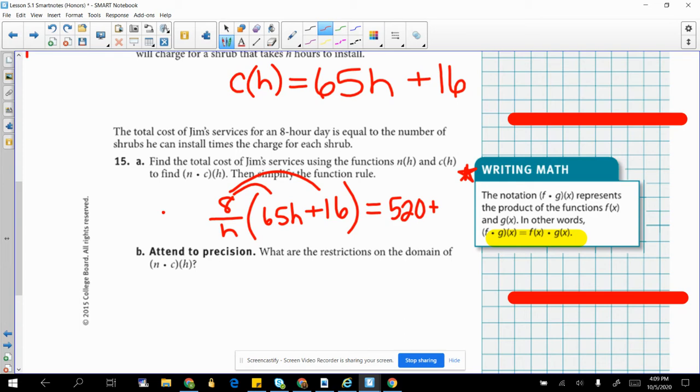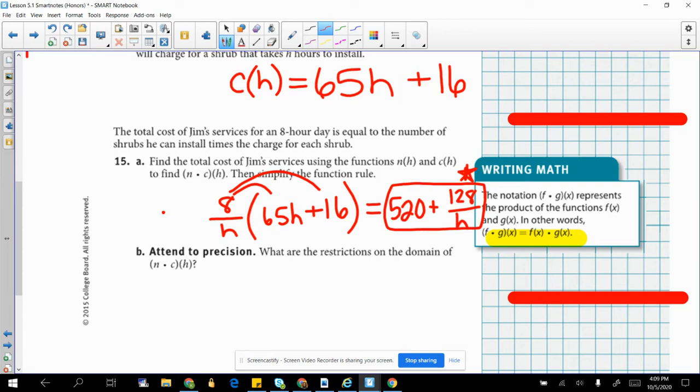So we're going to have to multiply the numerators there, which would be 16 times 8, which is 128. And then the h won't cancel in this case, so it's still written as over h. So this right here is your simplified function to figure out Jim's total cost of services.